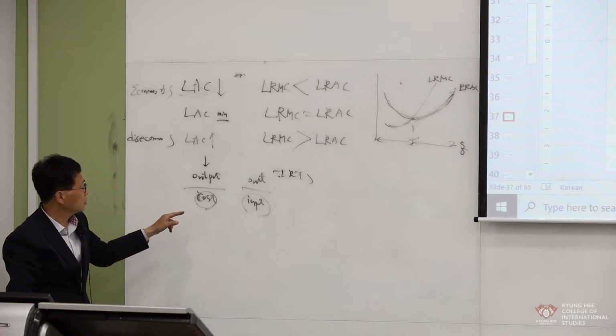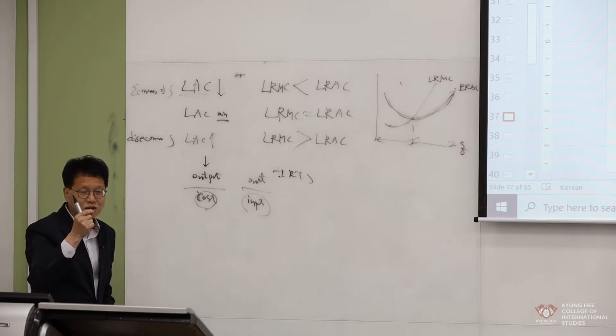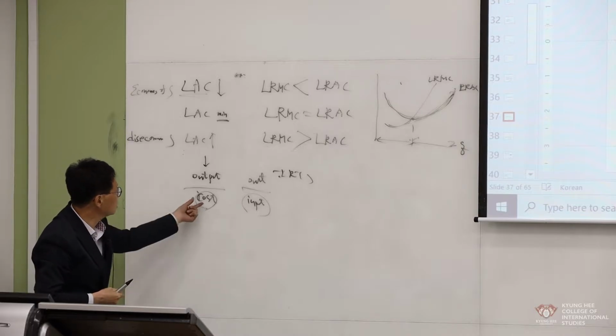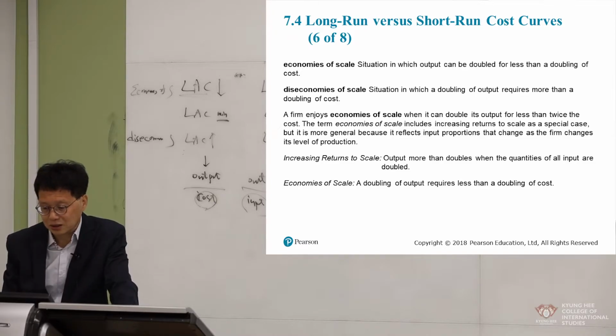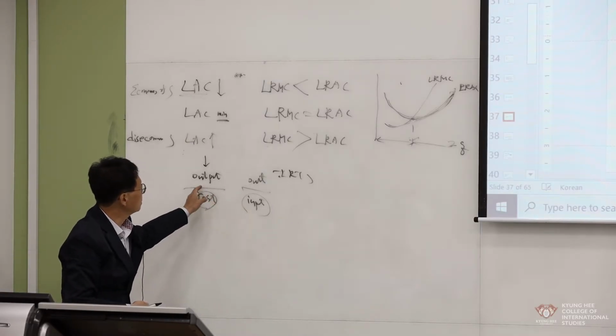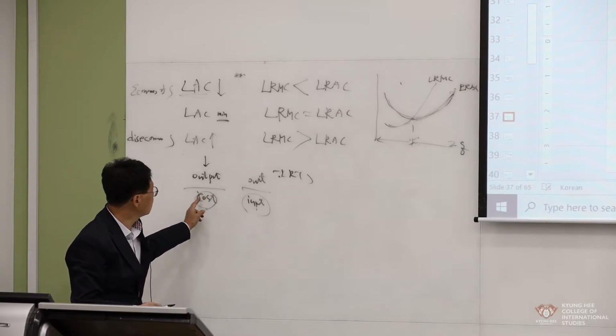But when input doubles, cost increases, and the relative prices of factors also matter. Think about cost minimization, where substitution of labor and capital happens. So this is a more general term than increasing returns to scale. A firm enjoys economies of scale when it can double its output for less than twice the cost. The term includes increasing returns to scale as a special case. That one only focuses on inputs, but this is more general.